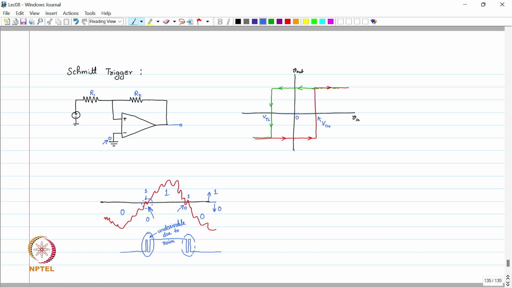We can apply a certain voltage here so that we can shift this entire graph also. For example, if instead of 0 we apply a certain voltage VR, let's say this VR is 0 here, if VR is not 0, then we can draw it differently.